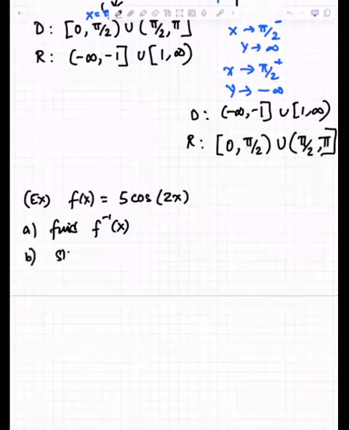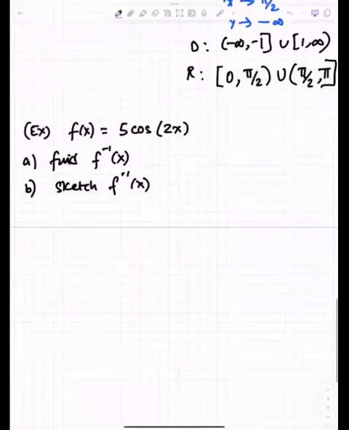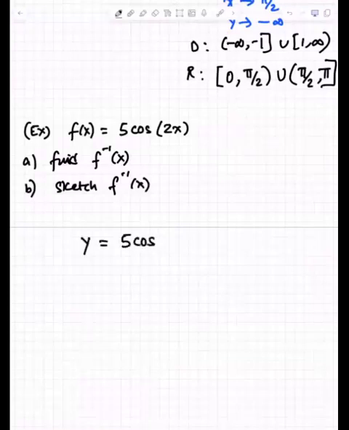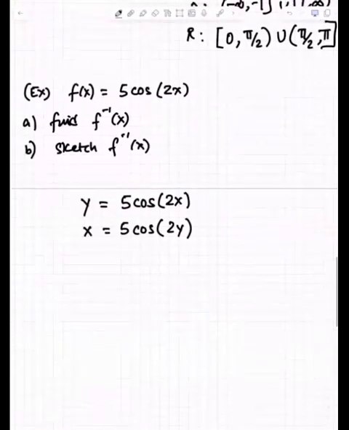And part b is sketch one period of the inverse function. Nice problem, right? To find the inverse function, first y is equal to 5 cosine of 2x. We switch the x's and y's, and our goal will be to solve for y.